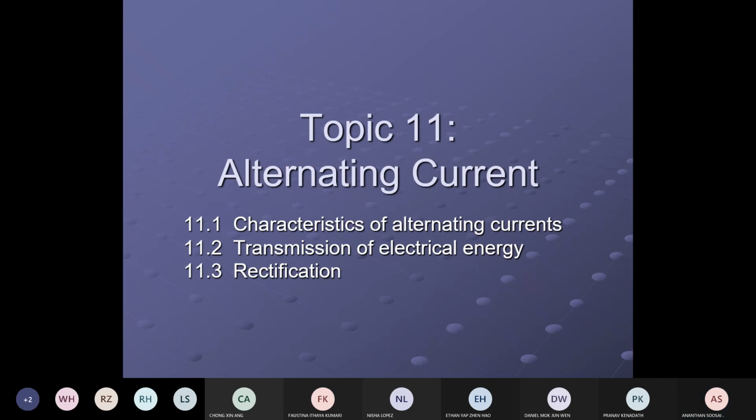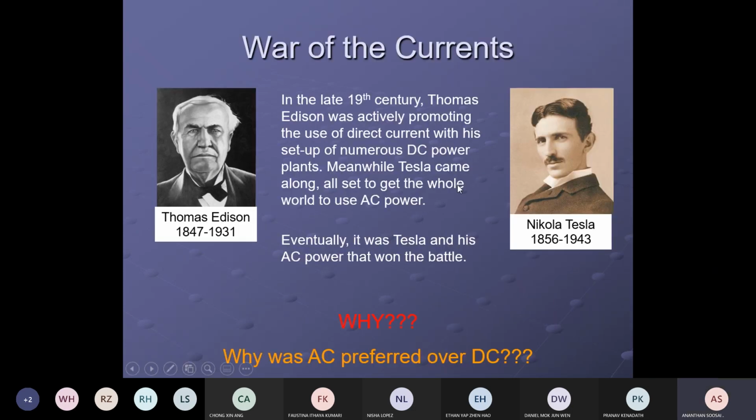When it comes to current, AC and DC, we can't forget these two inventors: Thomas Edison and Nikola Tesla. Both are pioneers who promoted current, but they had some differences.